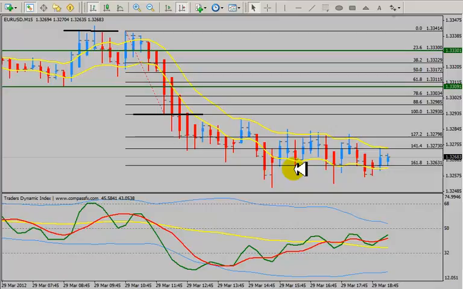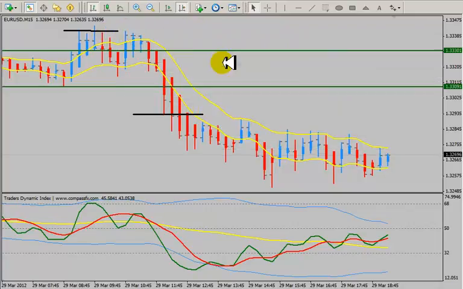Okay? So again, these are the techniques that I use to trade a break of a range, and you can keep your range in place because the market doesn't follow through on one side of the range. It's going to follow through on the other side of the range. Be prepared for that.